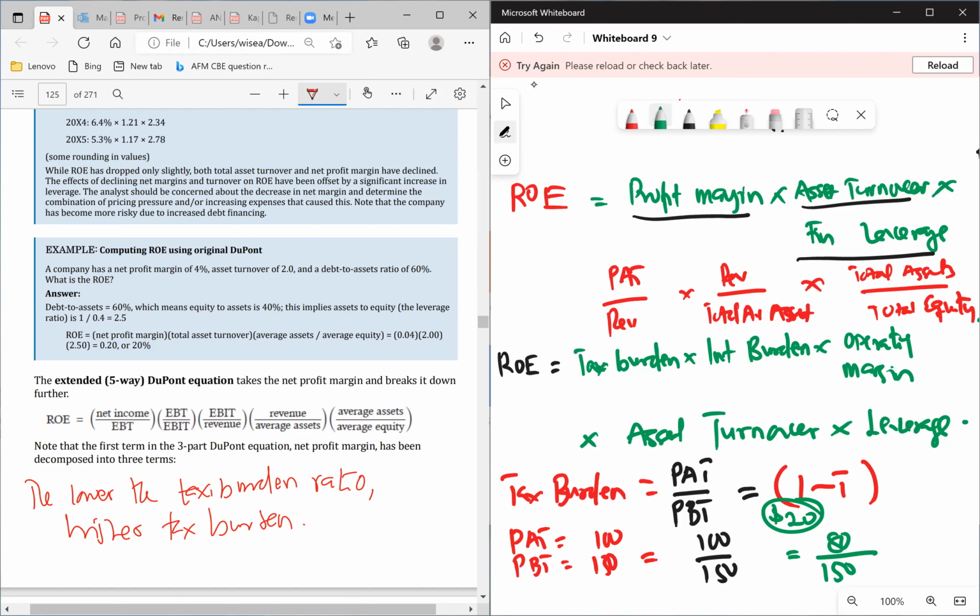So your tax burden is widening, which means you are getting a lower return on equity. It's very important that you understand the implication. Tax burden is profit after tax divided by profit before tax, and the lower the ratio, the higher your tax burden. That interpretation is very key.